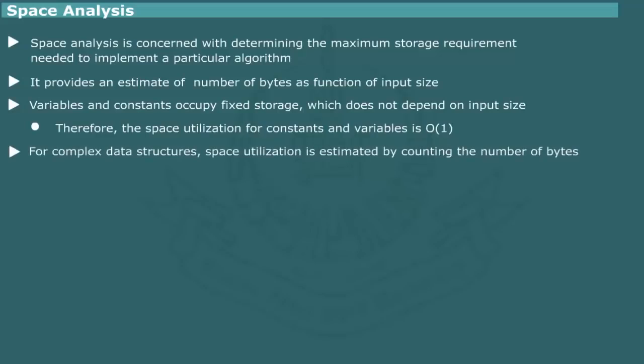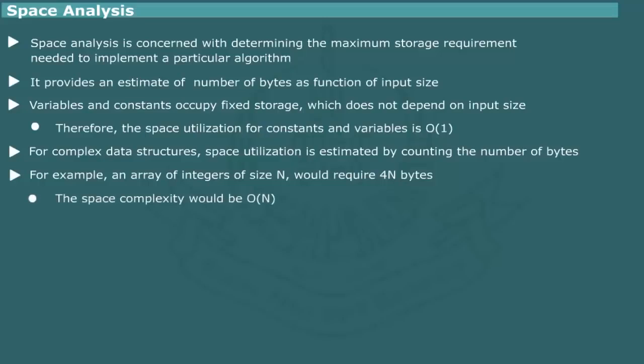The space requirement for a complex data structure is estimated by counting the number of bytes for each data item. For example, an array of integers of size n would require 4n bytes, assuming that an integer requires 4 bytes. Thus, the space complexity of the array is O(n).